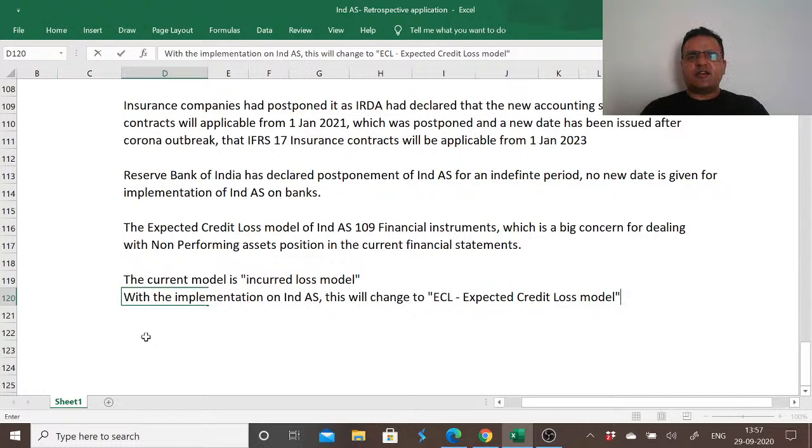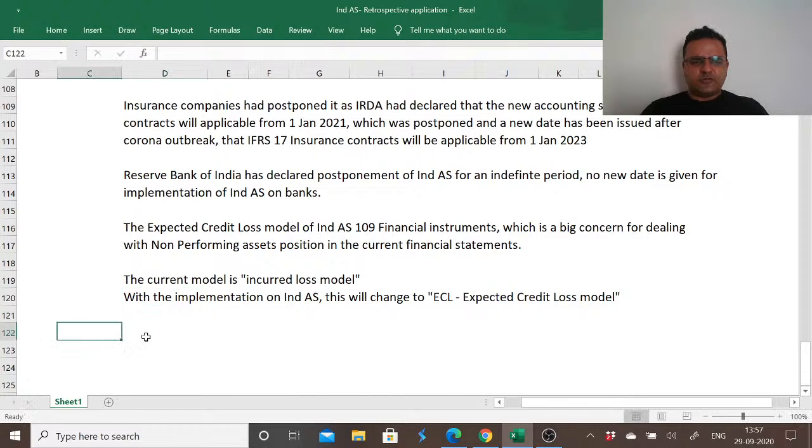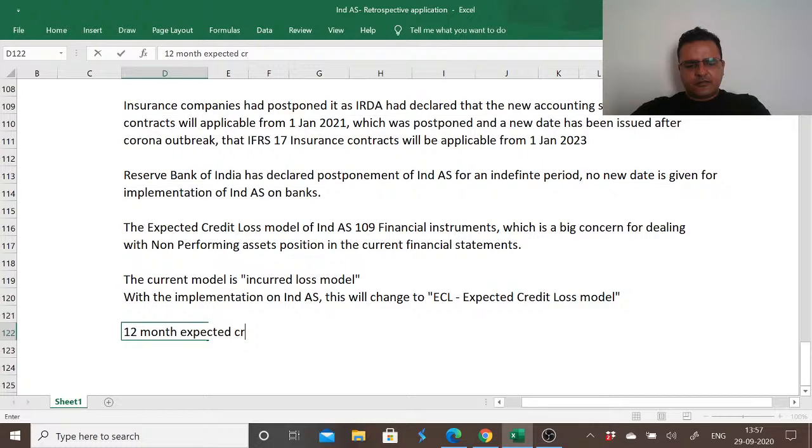Now the expected credit loss model is that if you're expecting any asset to turn into NPA, depending on the risk, we have to create an allowance today. The asset is not impaired today, but we'll need to create an allowance today on the basis of 12-month expected credit loss if it is less risky.